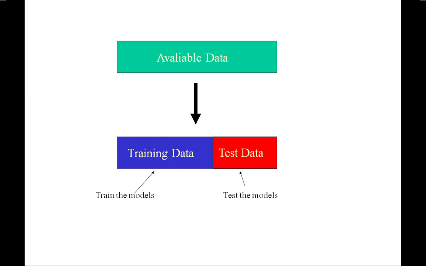Ideally this should be well separated, and you should not optimize your model at all on the test data. You should not even do some sort of first selection on the test data. All this makes your model look better than it might really be. So this is the simplest case. Just divide your data, train on the training data, and then test it on the test data.